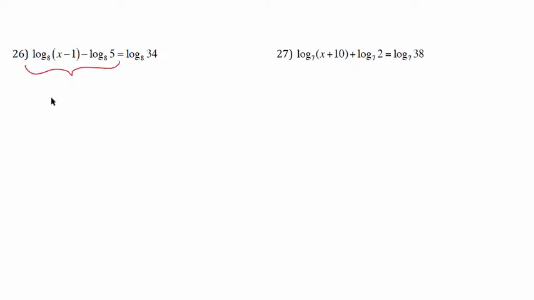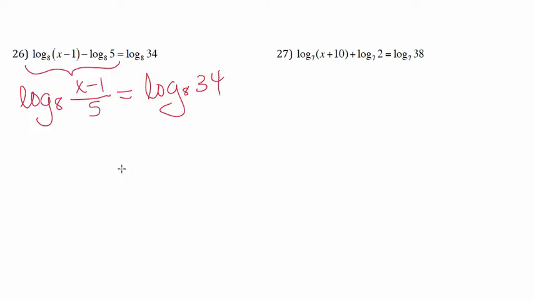So I'm going to take my subtraction and turn it into a quotient. So I have log base 8 of x minus 1 over 5 is equal to log base 8 of 34.